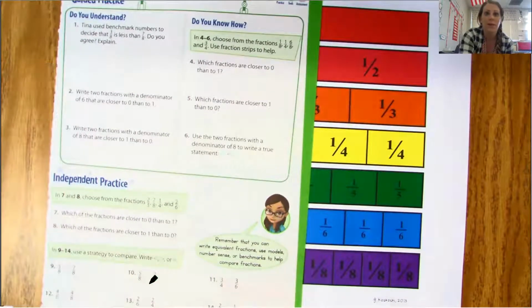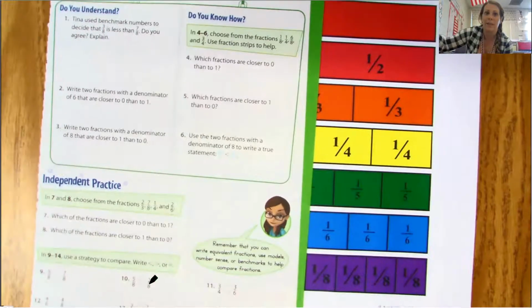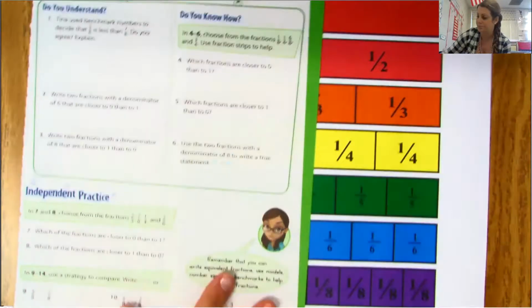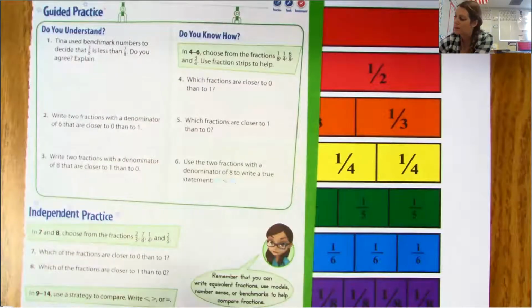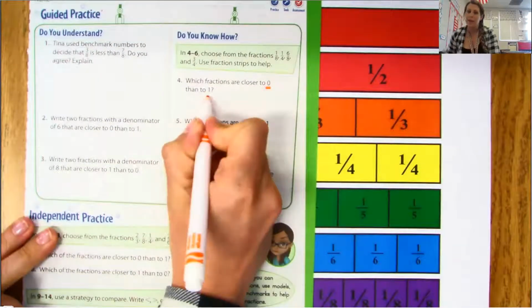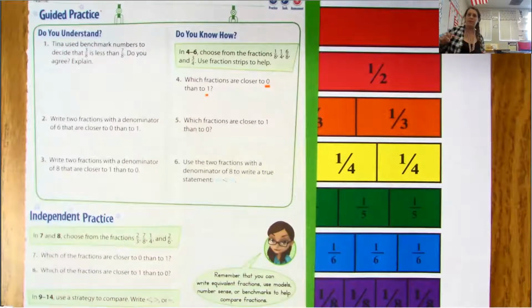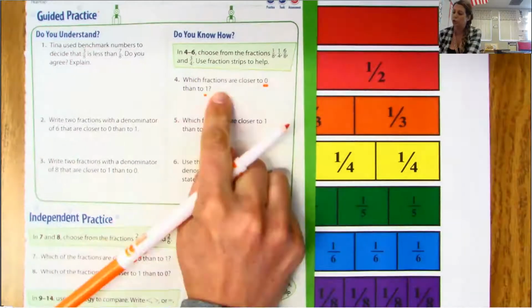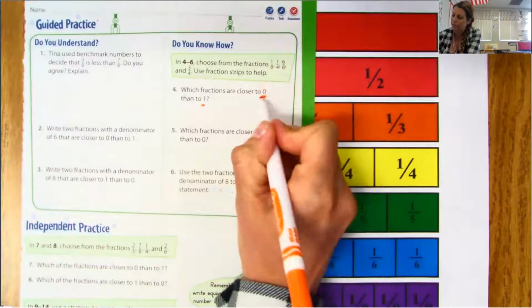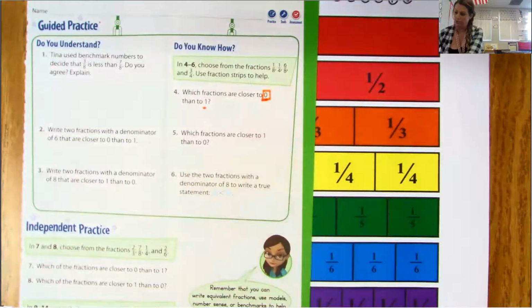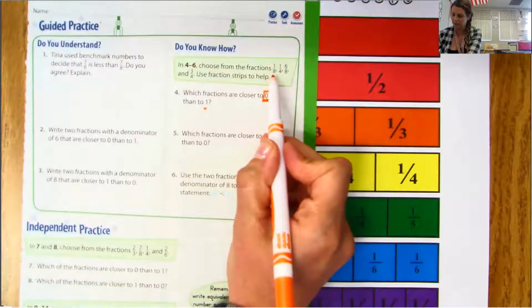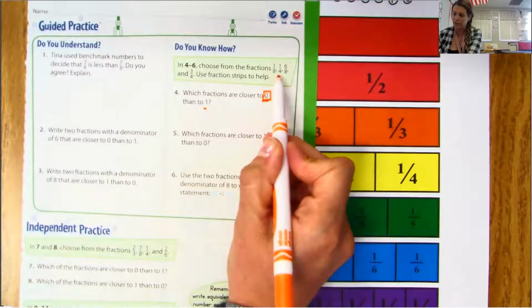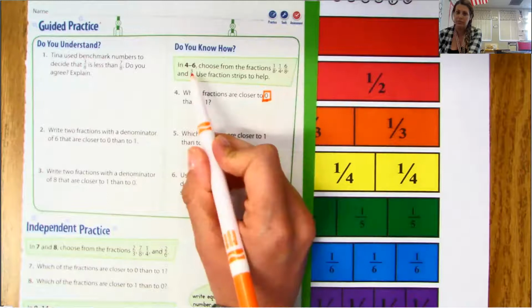So let's go ahead and look at number 4. They've got those benchmark numbers. They've got 0 and they've got 1. And they want us to figure out which fractions are closer to 0 than to 1. And they have all of these fractions: 1/8, 1/4, 6/8, and 3/4.